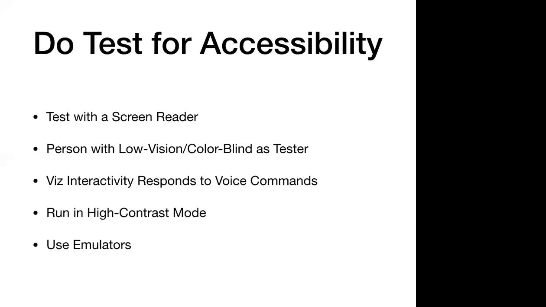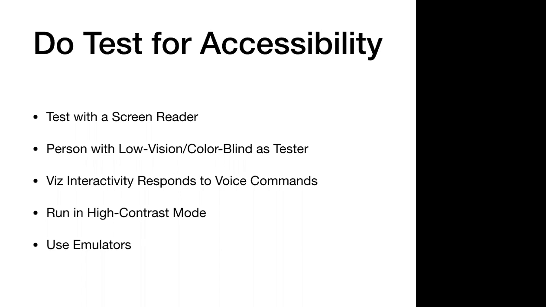Okay, so also you must test for accessibility and test with the screen reader, obviously. Again, I mentioned the colorblind person before. If you have interactivity, check that it responds to voice commands, like make that drop down, select temperature, for somebody who can't move or has motor difficulties. Run in high contrast mode.